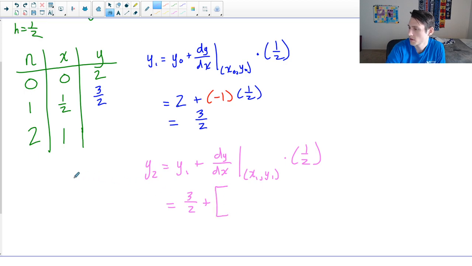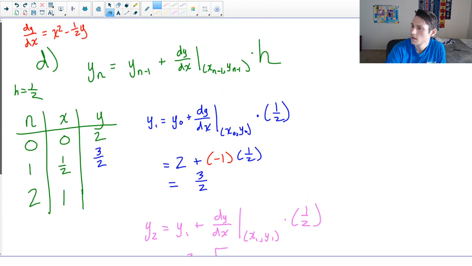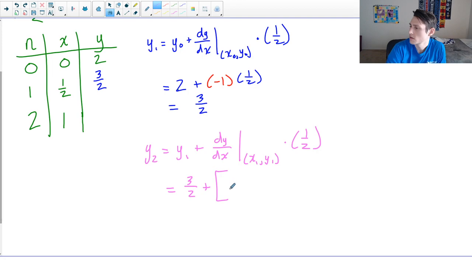All right, that's going to be more complicated. So x squared minus 1/2 y. So 1/2 squared minus 1/2 times y is 3/2.